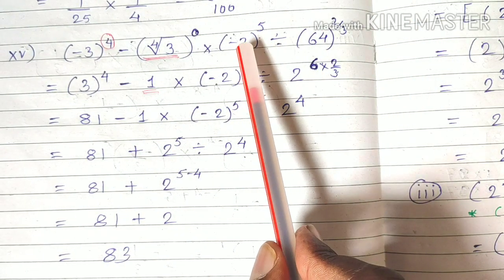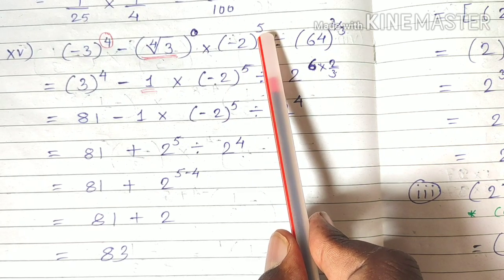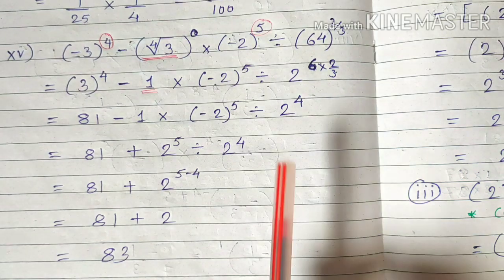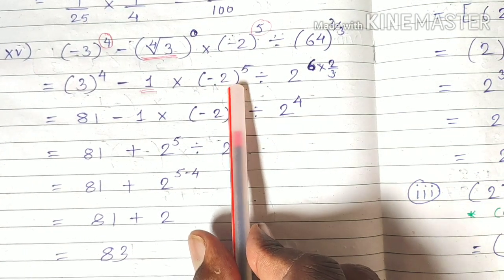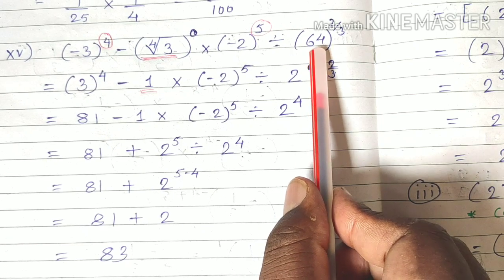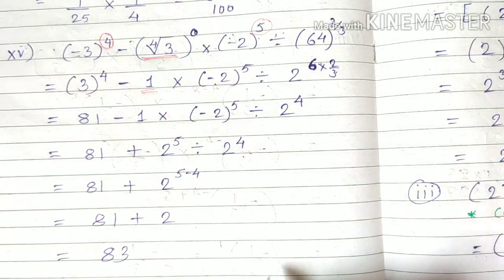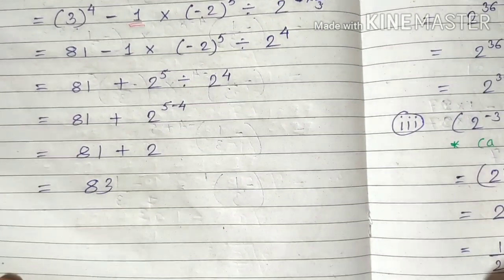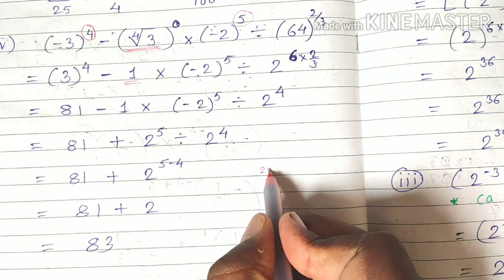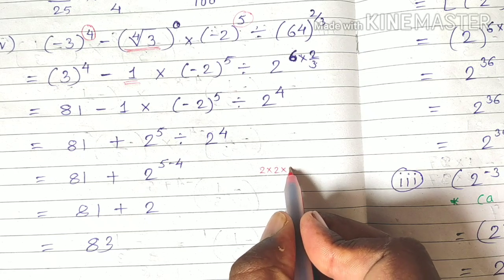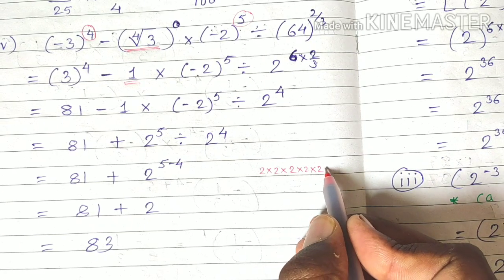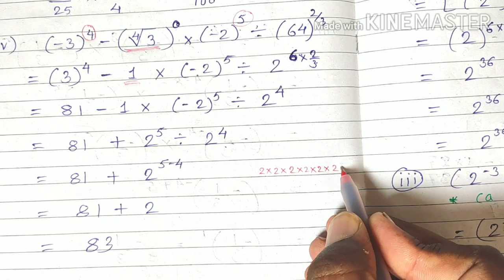Now minus 2 raised to 5. Since the power is an odd number, it remains negative, minus 2, divided by 64. So this 64 can be written as what? 2 into 2, 2 2s are 4, 4 2s are 8, 8 2s are 16, 16 2s are 32, 32 2s are 64.